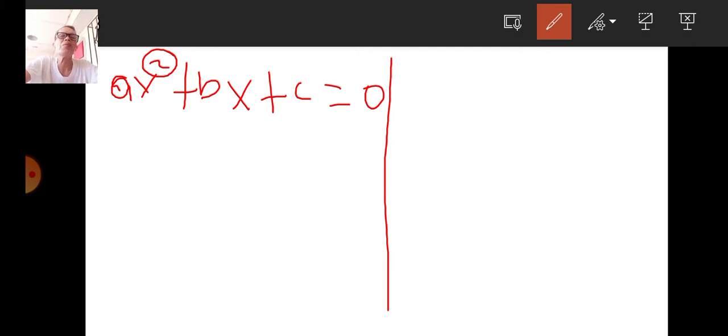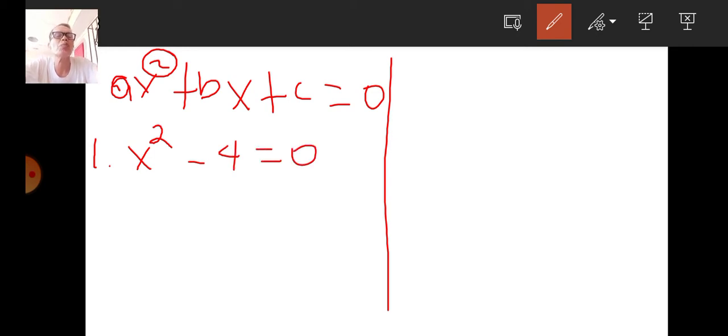Before we can use extracting the square root in solving a quadratic equation, we must see to it that the given equation is a difference of two squares. For example, we have x squared minus 4 equals 0.